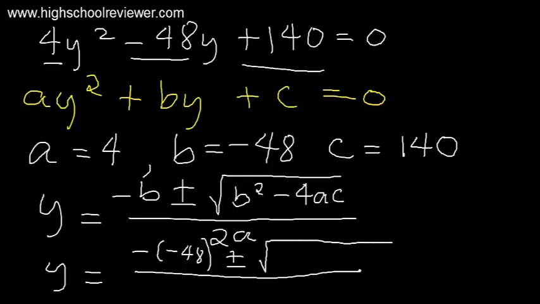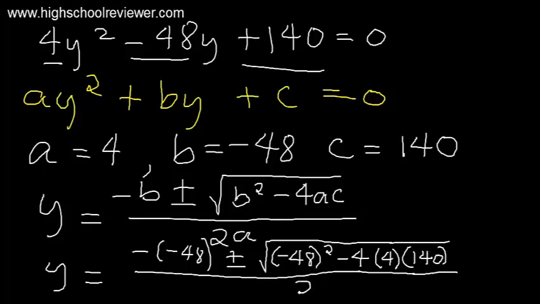So again, our b is negative 48, so this will be negative 48 raised to the power of 2 minus 4 multiplied by a, which is 4, and our c is positive 140. This will be divided by 2 multiplied by a, and that is positive 4.